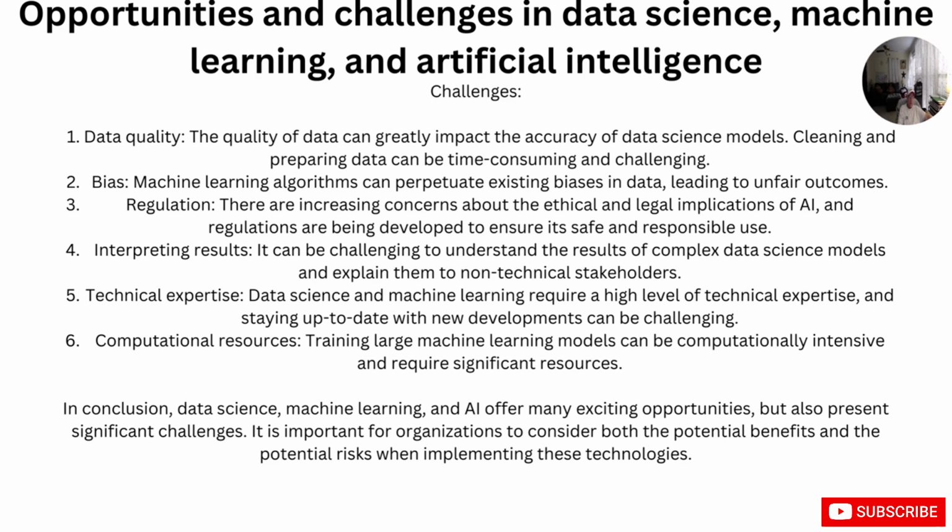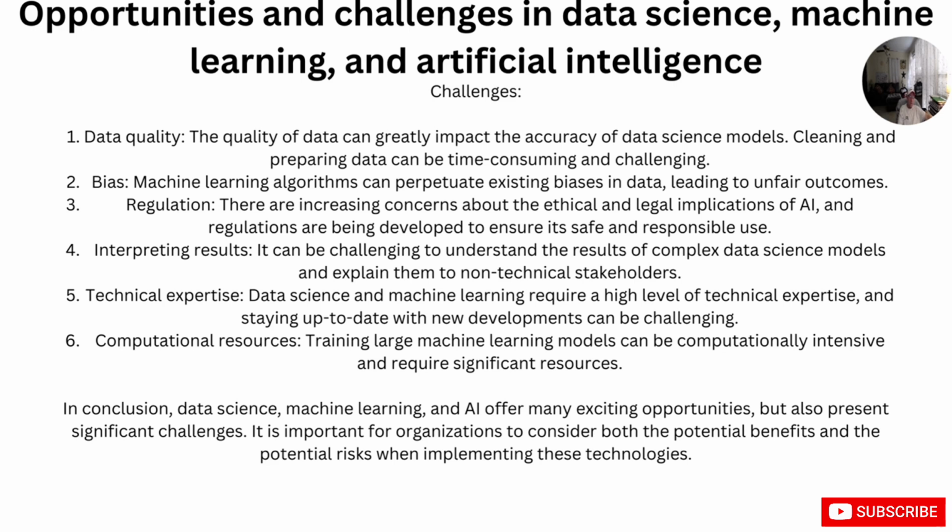Number 4, interpreting results. It can be challenging to understand the results of complex data science models and explain them to non-technical stakeholders. Number 5, technical expertise. Data science and machine learning require a high level of technical expertise, and staying up to date with new developments can be challenging. Number 6, computational resources.